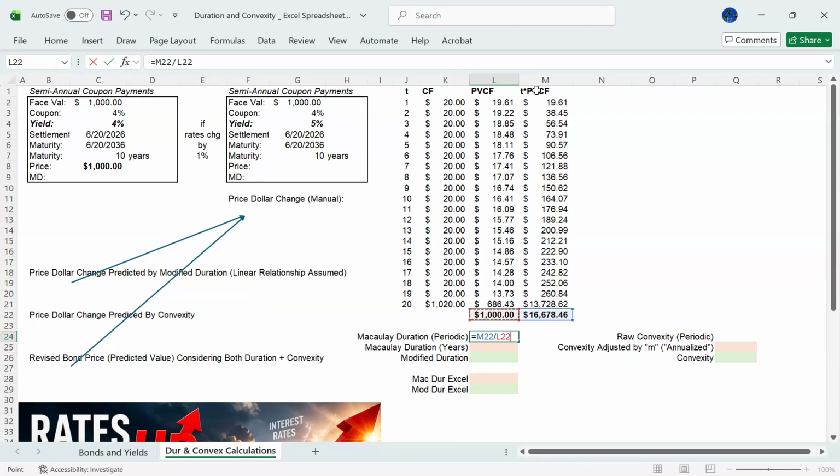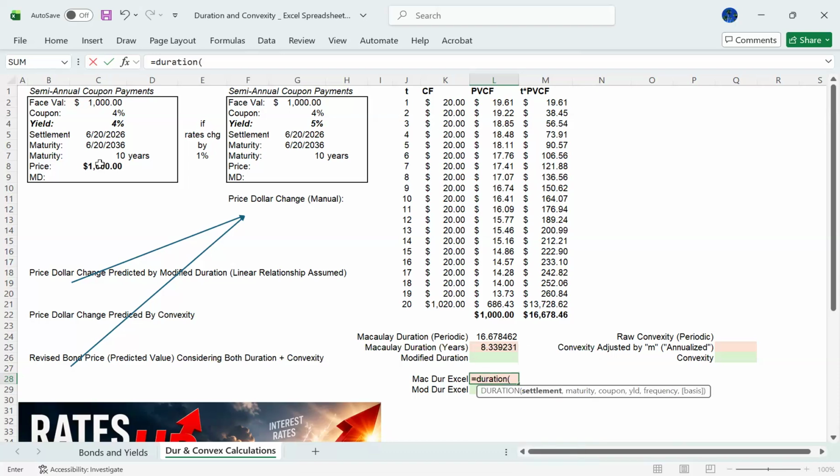The denominator is the price of a bond, as we saw here. And then that would be the Macaulay duration on a periodic quote unquote basis. And I'm calling this periodic basis because then if we divide it by 2, then we are getting the Macaulay duration in years.